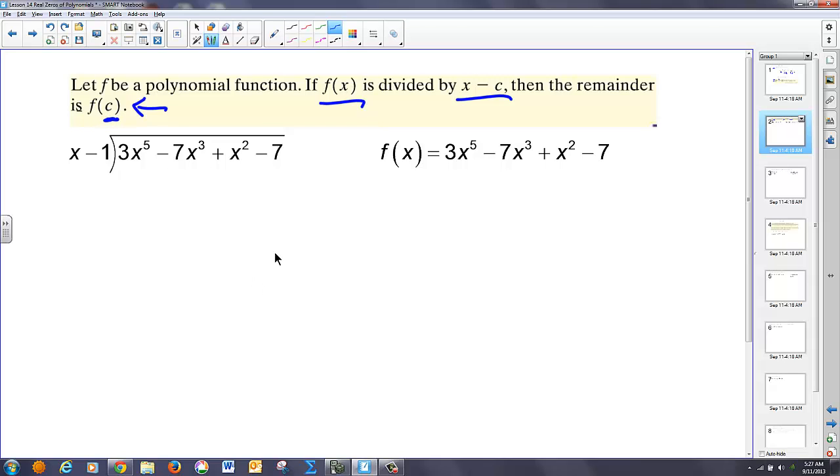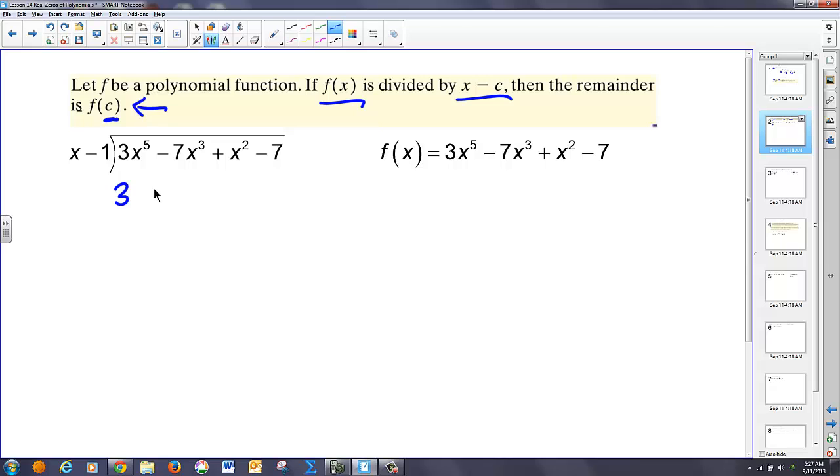So let's go through and do this. Here's a long division of a polynomial. I don't want to do long division, so I'm going to do synthetic division, which we should all remember from last year. Synthetic division states: list the coefficients of x in decreasing powers of x. So I have 3.